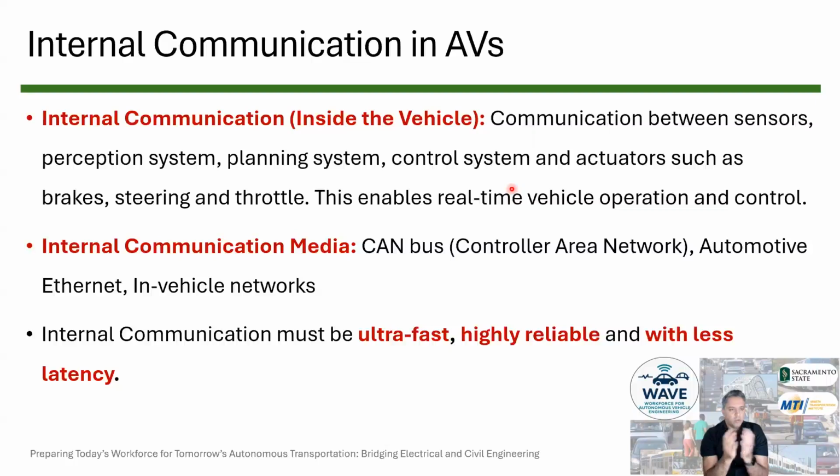All right. Now, we talked about wired communication and wireless communication, and in AVs essentially we have two kinds of communication. We have internal communication, which is the communication happening inside the vehicle, right? It's data exchange between sensors, the perception system, planning system, control system, and actuators like brake, steering, and throttle.